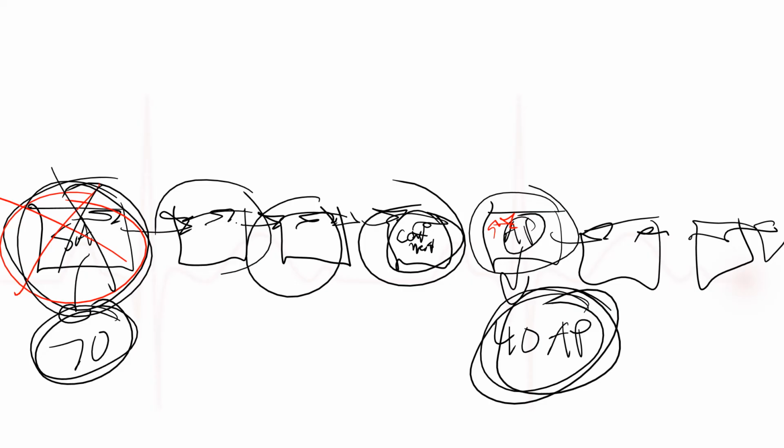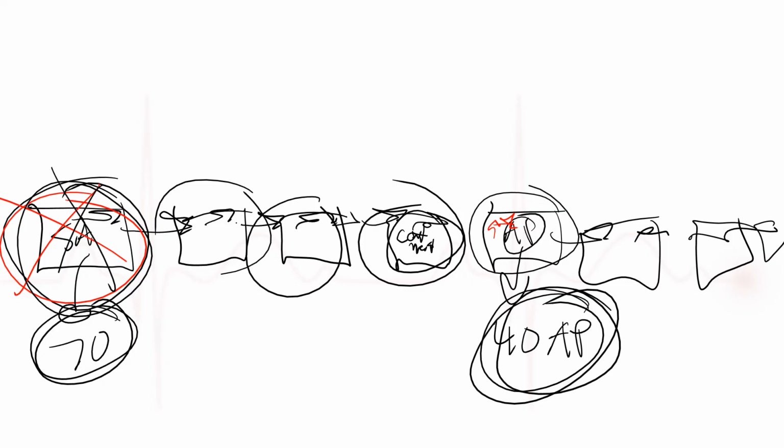There are many within a plane. It's the same thing here. If the SA node were to stop working, does the person just die? The heart has evolved to have many backup mechanisms to deal with issues that come about throughout the course of a lifetime.